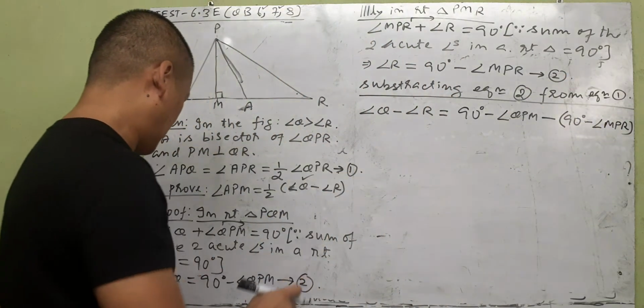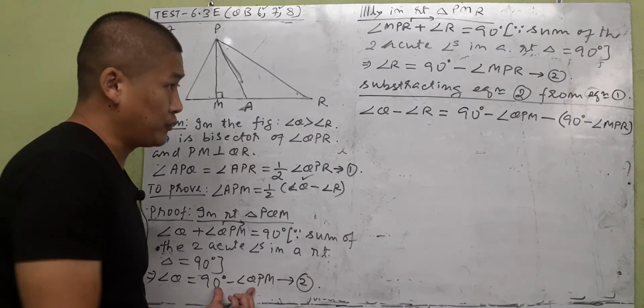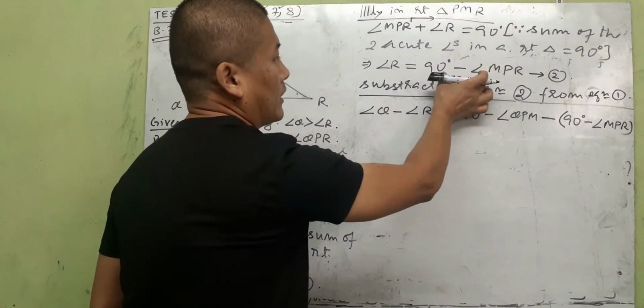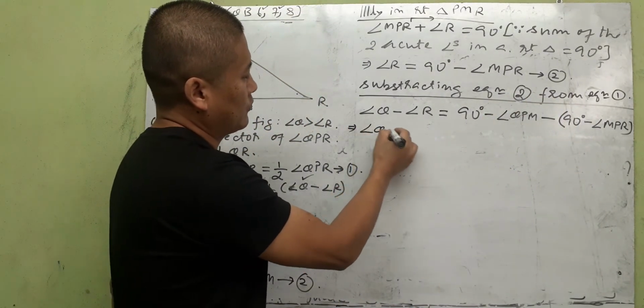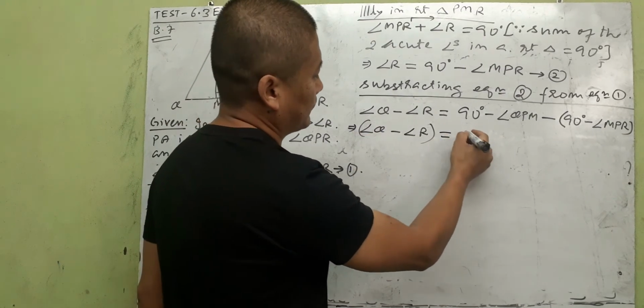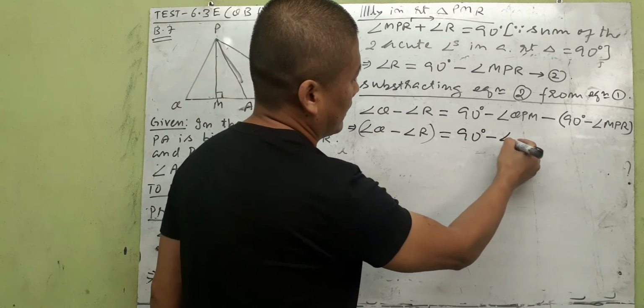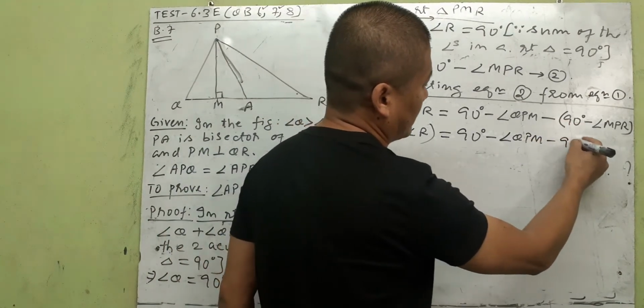So Q minus R, left side, right side, 90 minus QPM minus 90 minus this one. So let us do this one, angle Q minus angle R, at least we got this, equal to 90 degree minus QPM angle minus the bracket, plus minus 90 degree.